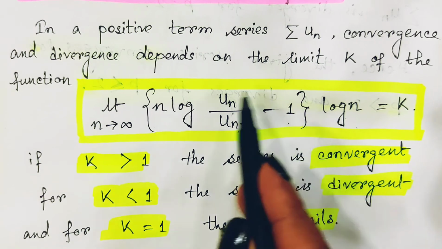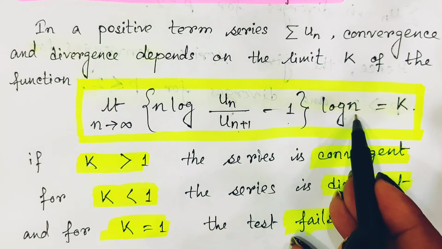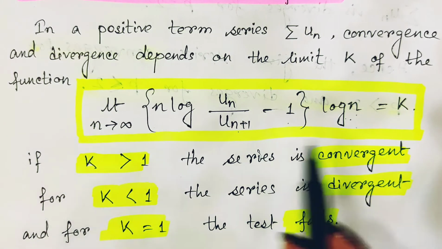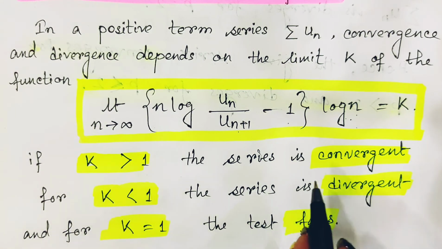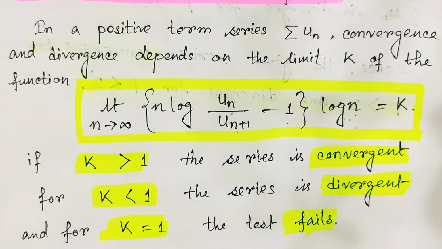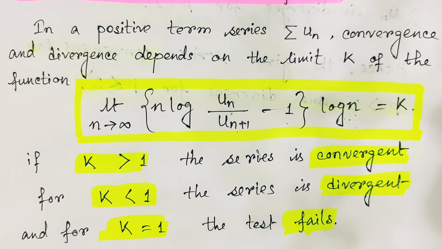So minus 1 then into log n, we should include it here in this alternative form of the logarithmic test. So now here for k greater than 1 the series is convergent, for k less than 1 the series is divergent, and for k is equals to 1 the test fails.